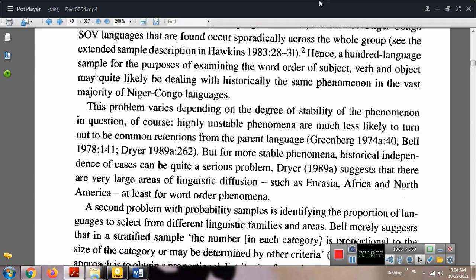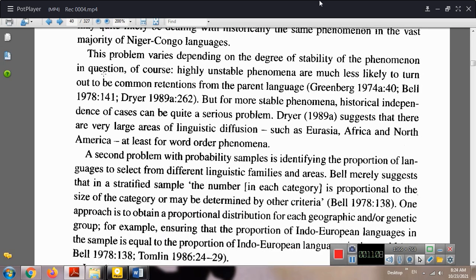Hence, a 100-language sample for the purposes of examining the word order of subject, verb, object may quite likely be dealing with historically the same phenomenon in the vast majority of Niger-Congo languages.